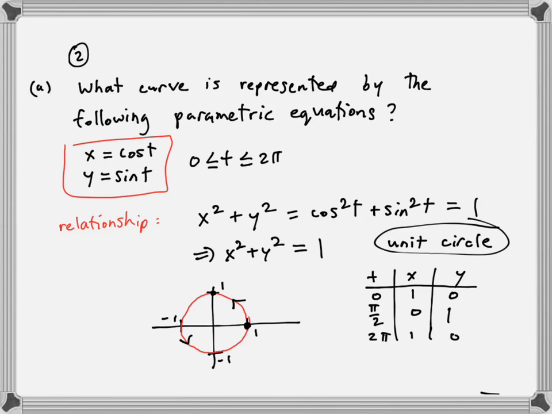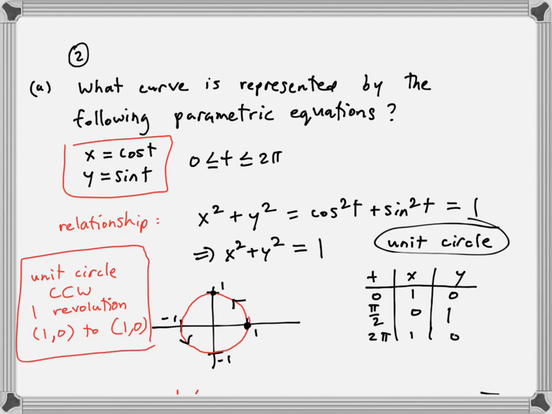Let me write down specifically what this is. This is the unit circle, counterclockwise, 1 revolution from 1, 0 to 1, 0. Okay, so this is my curve.